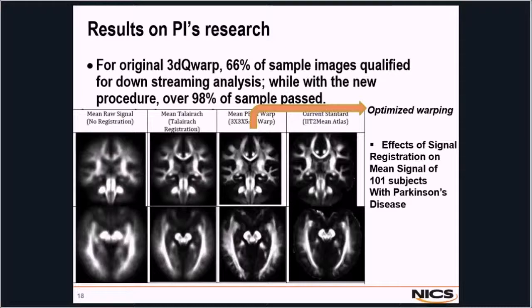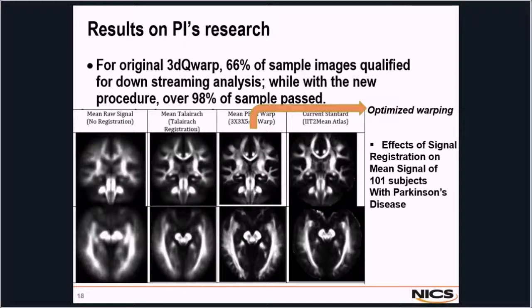There is a predefined quality control step in the pipeline to check whether an image is sufficiently registered. If not, it cannot be used for downstream analysis. With the original procedure, which takes a long time, only 66% of sample images pass the QC. With the optimized procedure, over 98% of samples passed.